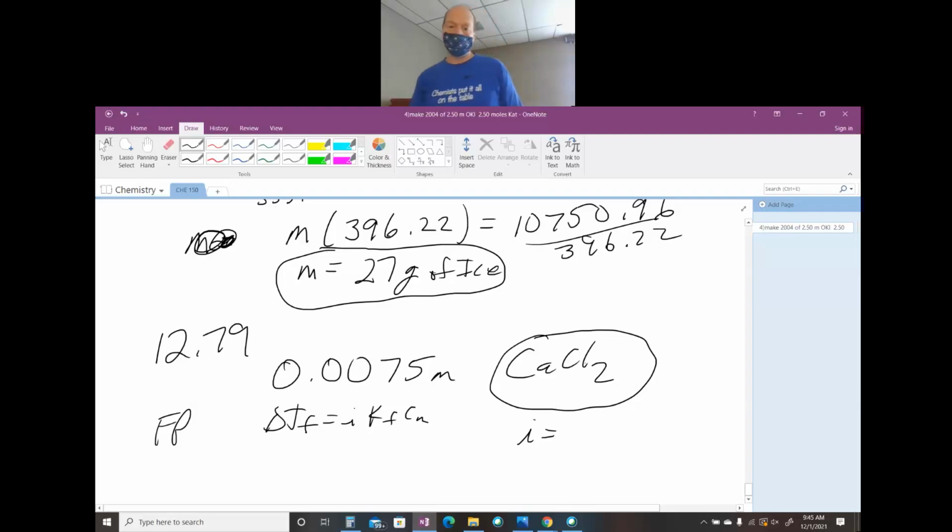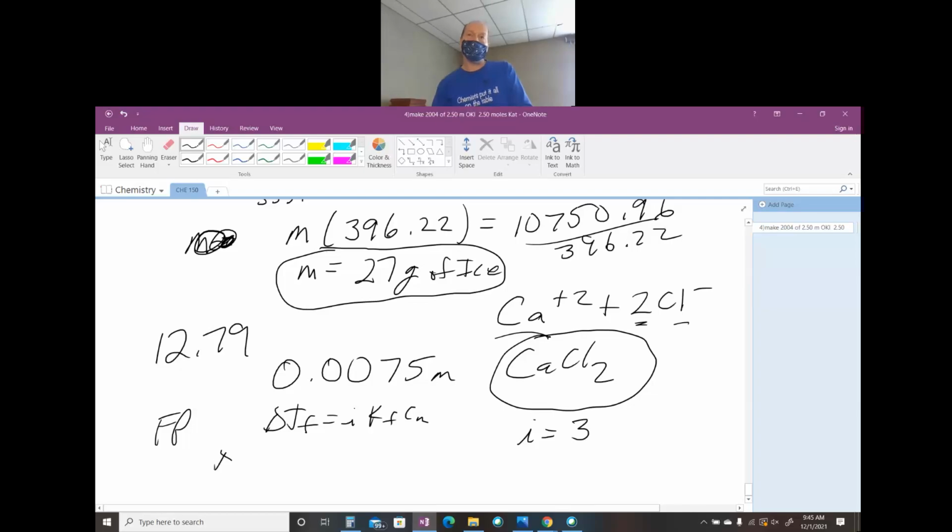So all of your halides are soluble except for silver, mercury, lead. So this one is soluble. So you're going to end up with a calcium plus 2 and 2 Cl minuses. So your i value is 1 calcium ion and 2 chloride ions. So your i value here is 3.